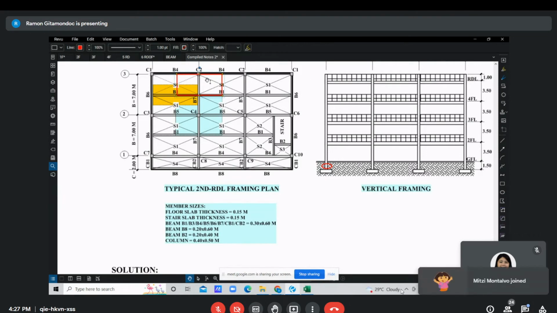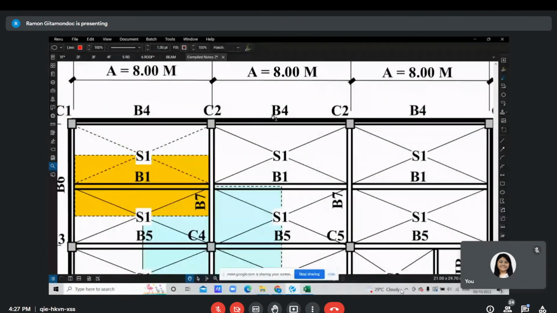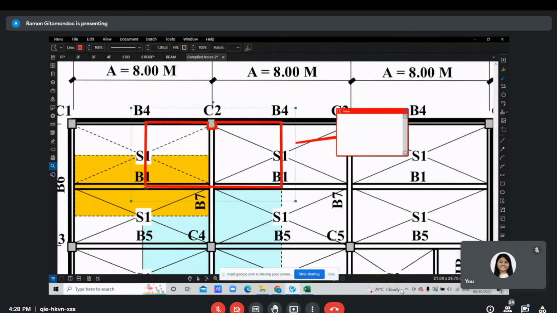Then for the CHB, it will be only along this side, the exterior. And for the area which will be tiled, it is the clear area beside the CHB wall; it does not include the column. So you subtract the space occupied by the column in computing your area.